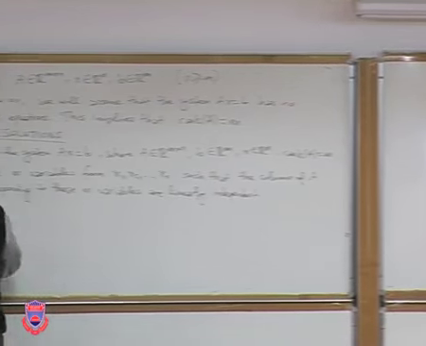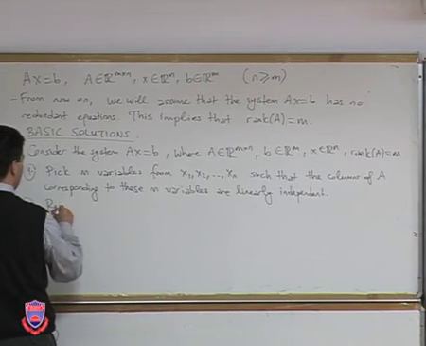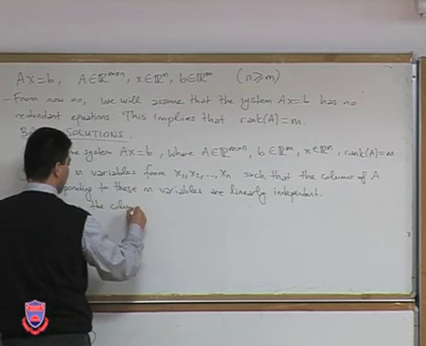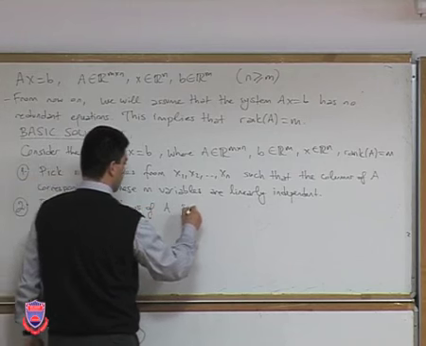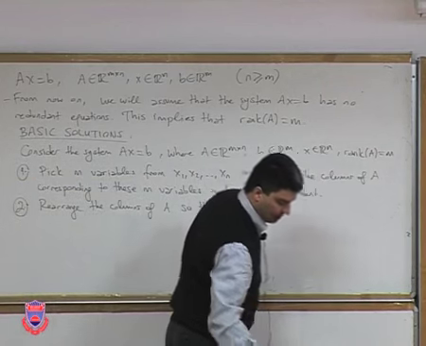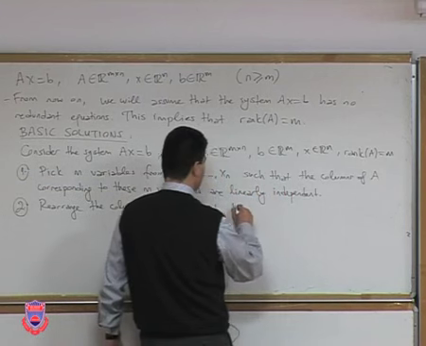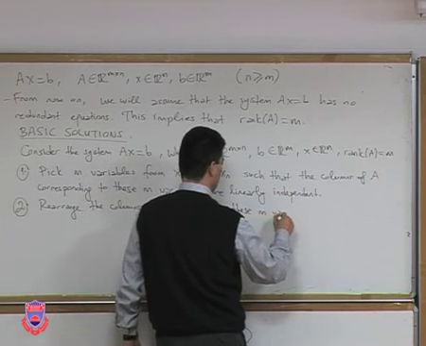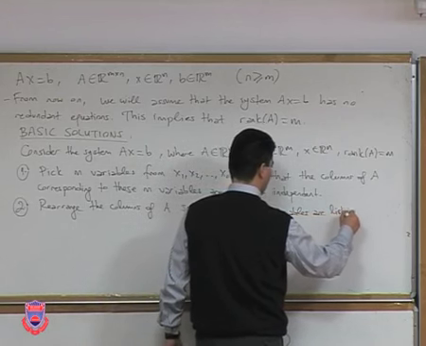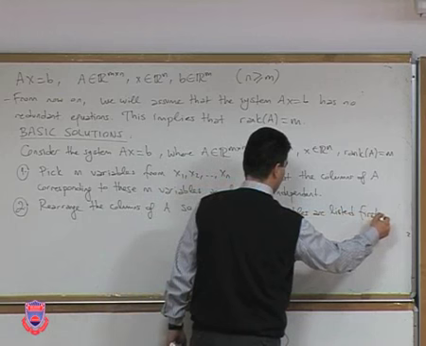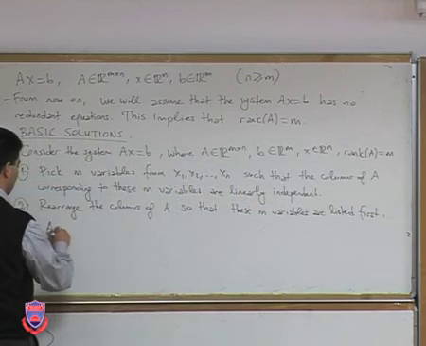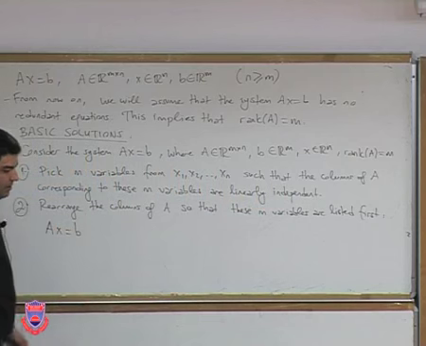So in the second step, I'm going to rearrange the columns of A so that these m variables are listed first. So what does that mean? Basically, we have the system Ax equals b.